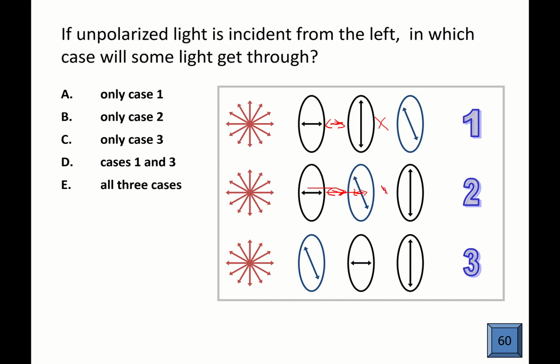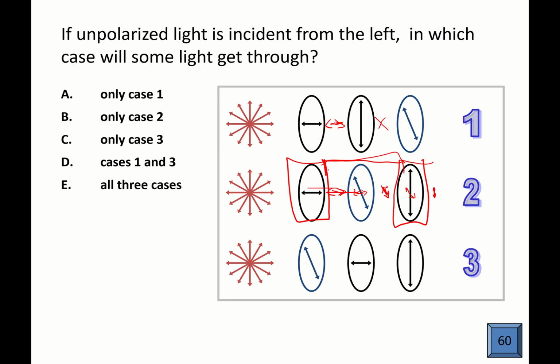So a little bit of it is going to get through, and then some of that light is parallel to the third polarizer axis, and so some light, a very small fraction, is going to get through that third polarizer, even though it's perpendicular to the first polarizer.